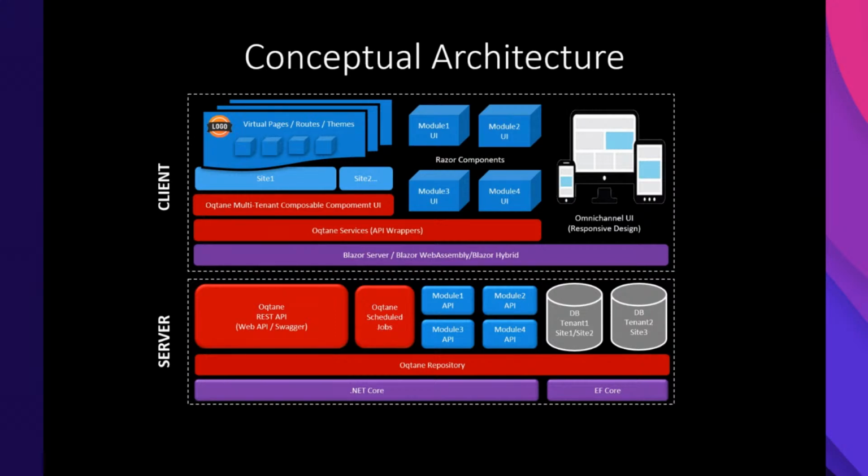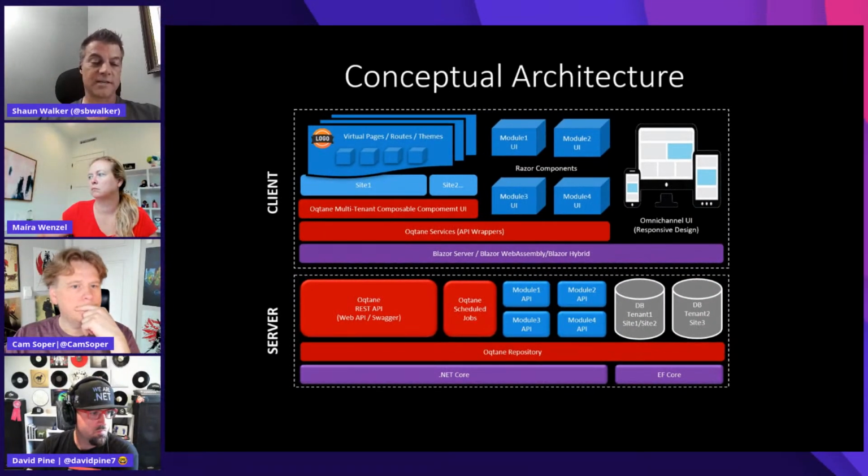And so in order to do that, we really had to embrace the client-server architecture because, of course, it's possible to build Blazor server applications that are not client-server, where everything runs on the server and you don't have to worry about client-server architecture. But the moment you want that application to run on Blazor WebAssembly, then you need a client-server architecture. And so that was always the approach right from day one, both for the core framework and within all of the application templates that the framework provides for developers to extend it.